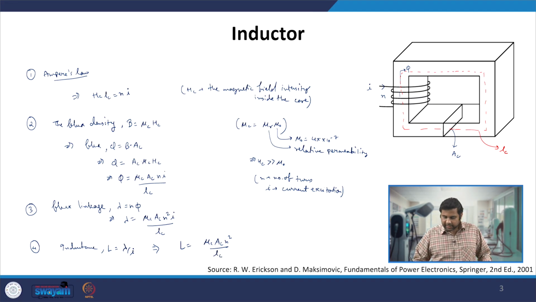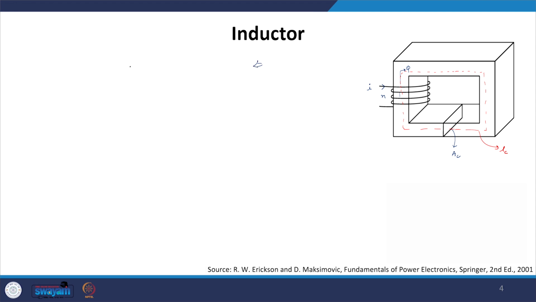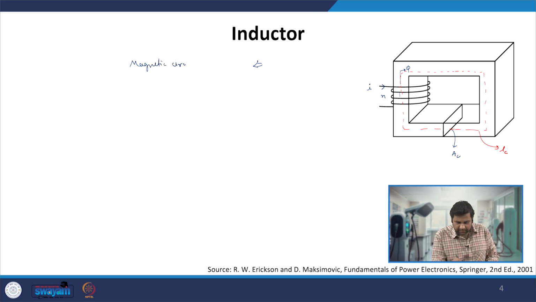And if we look very carefully at this particular structure, if we try to define its magnetic circuit model, we can write it from our basic understanding of magnetic circuits.